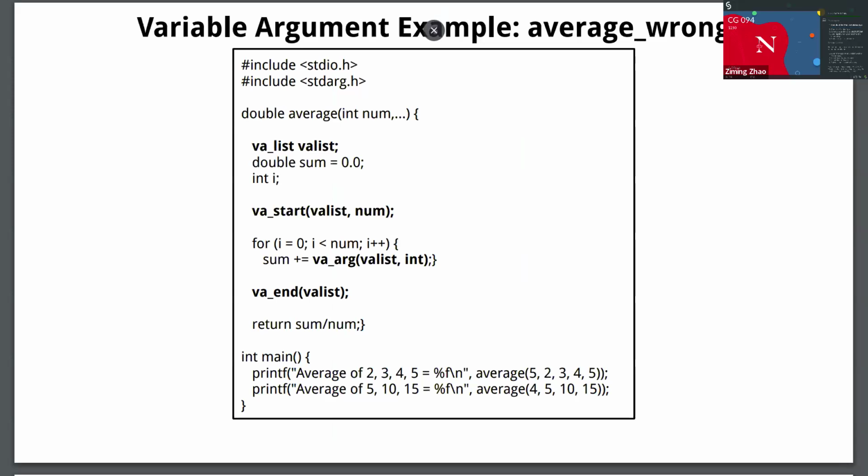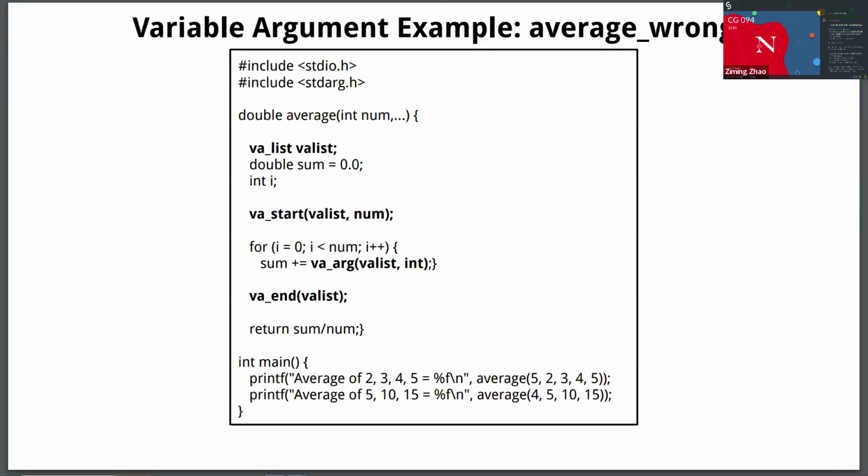So, like I said just now, as a developer using those functions, it is your job to make sure you use them correctly. Okay. There are ways you can make all kinds of mistakes. For example, here, average 5, 2, 3, 4, 5.